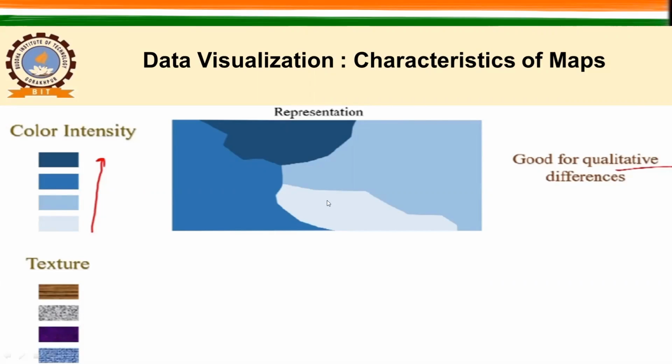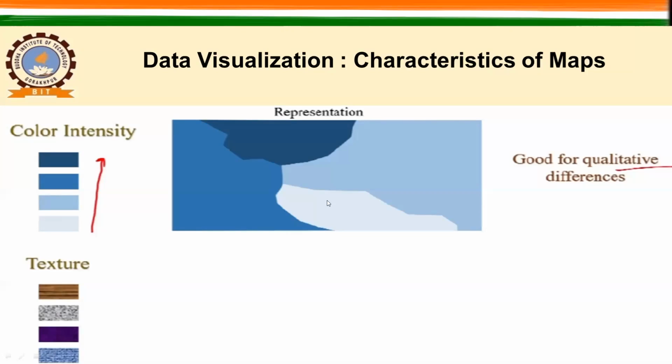So texture, because I am telling you all this because whenever you are preparing a map in GIS environment, you may have a number of input data sets, right? So you have to highlight all the parameters coming from the different maps in your output. So for that, you may need different types of or the different convention to highlight all the parameters, and that should be independent from each other.